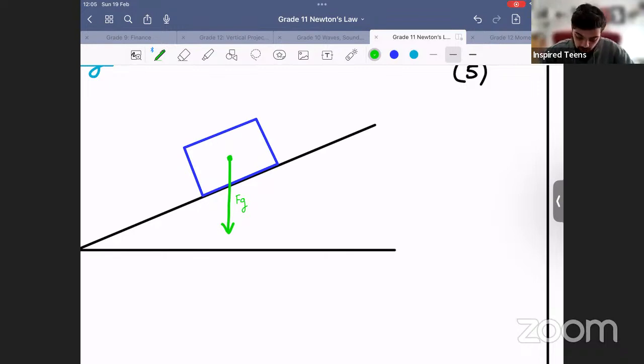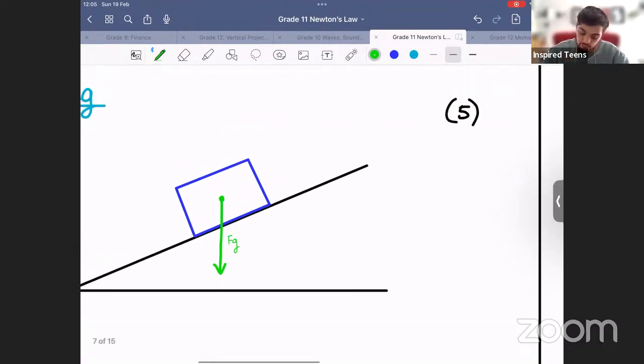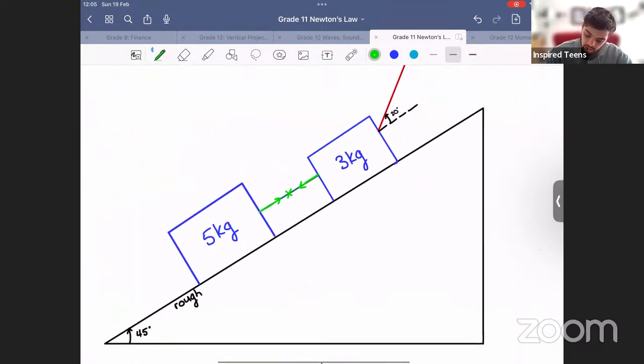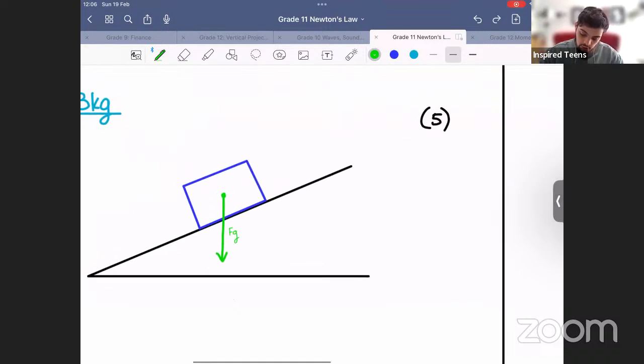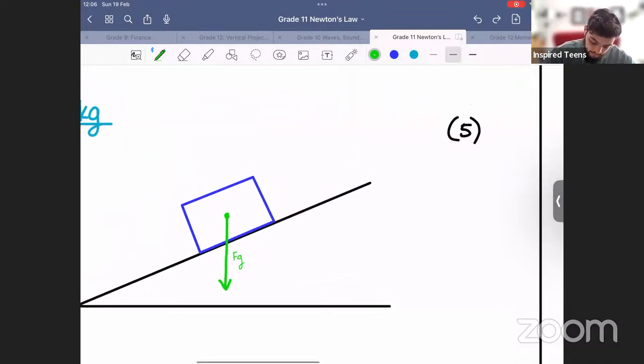Okay. So Fg is going straight down, right? Then we have tension. Okay, let's do normal force, which is going to be the same for the 3 kg object on the surface going up.